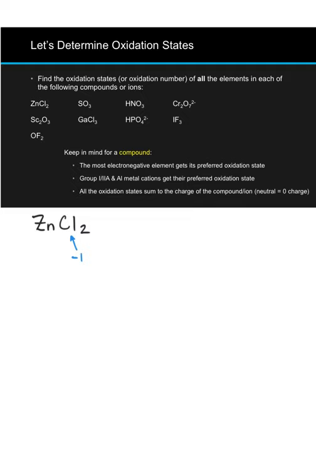It prefers to have a -1 charge as an anion. And because there are 2 chlorines, the zinc in this compound must have a 2+ charge in order to compensate for the 2 chlorines present. We say that the charges of zinc and of chloride in zinc chloride are the same as the oxidation numbers. These are the oxidation numbers in addition to charges, and for ionic compounds, they really mean the same thing.